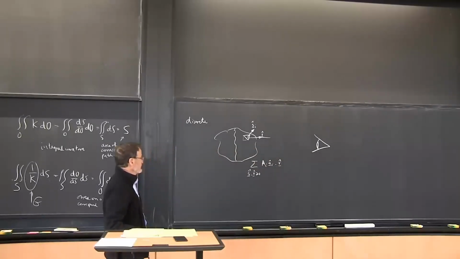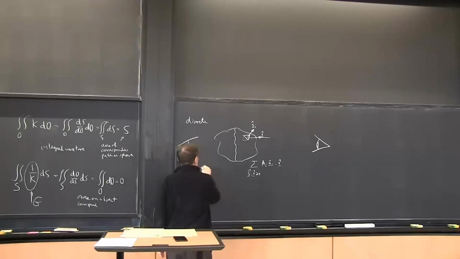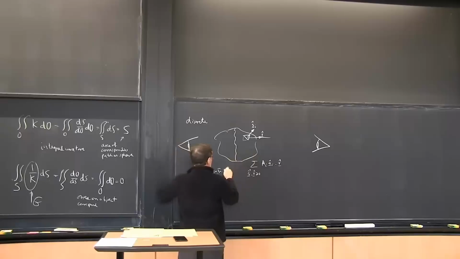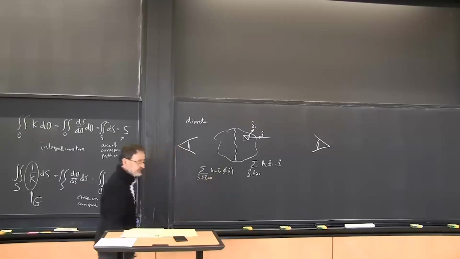Okay, so what? Well, now if I look at it from the other side, I'll get a similar sum, except now V is reversed, so minus V. And the other thing that's changed is that now I'm only seeing things that have a positive dot product with minus V.